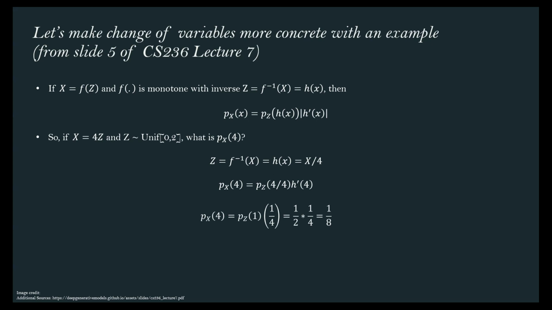So we put all that together and we get p_z of 1 times 1/4, which is 1/2 times 1/4, which gives 1/8, which is what we were looking for. Yep. Cool. So it's just a final little example to drive home the importance of that to anyone who is still wondering.